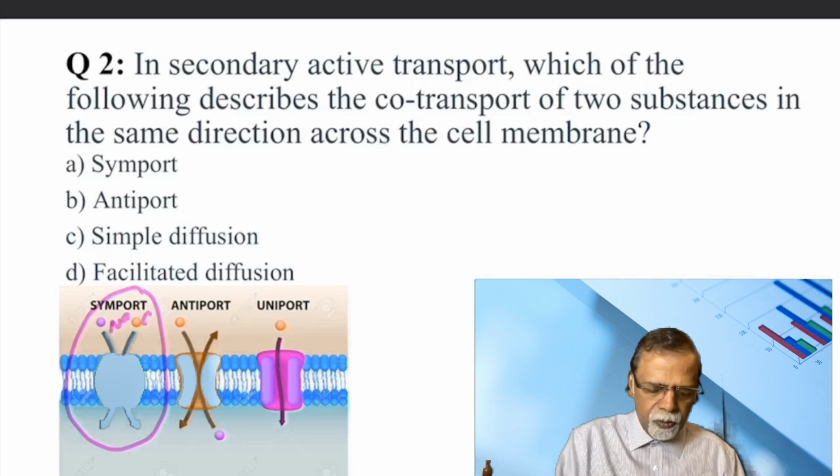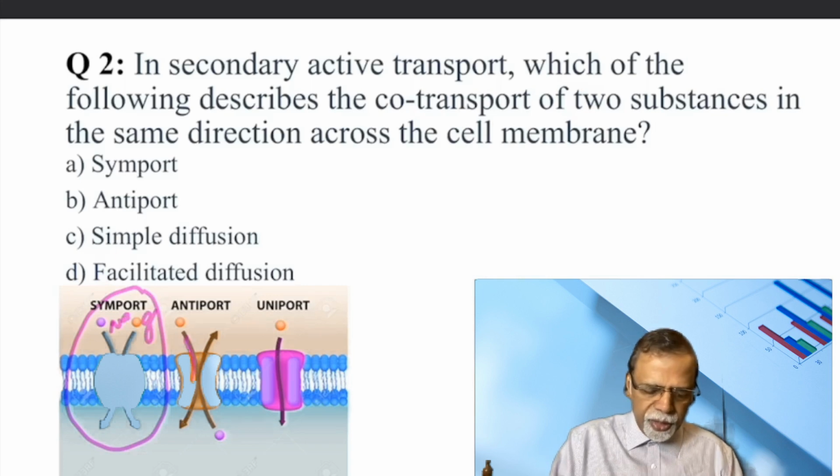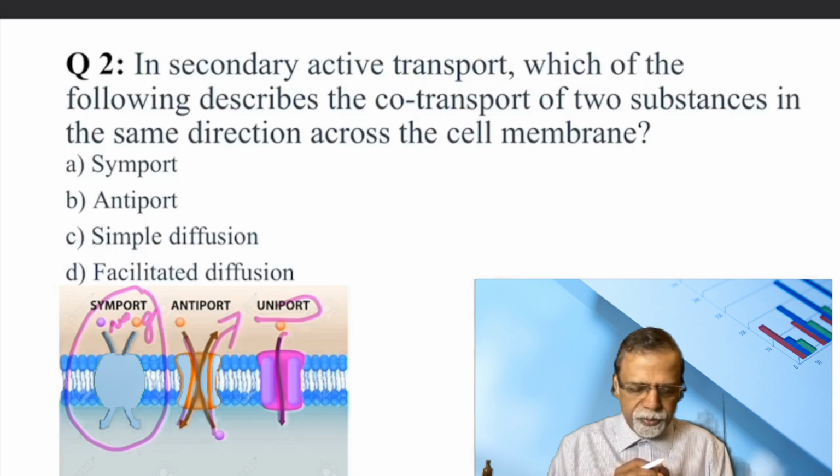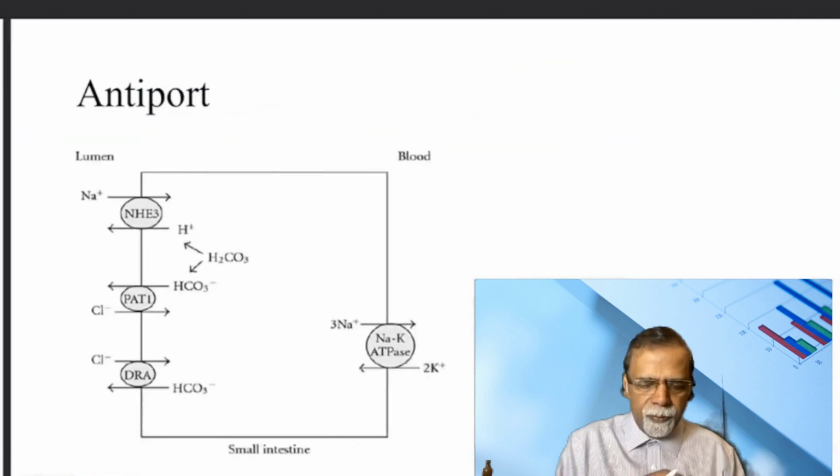Sodium glucose is a symport. If one is going inside and the other is going outside, it is called antiport. If only one material is going, it is called uniport. You should remember these three terms. Hope it is clear to you.